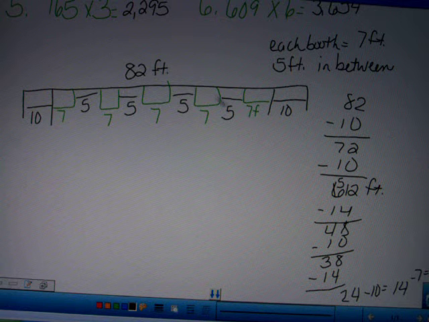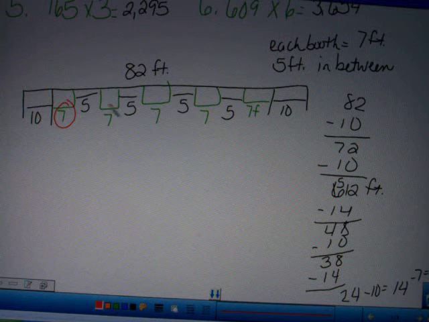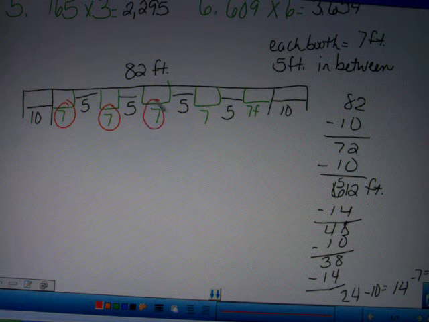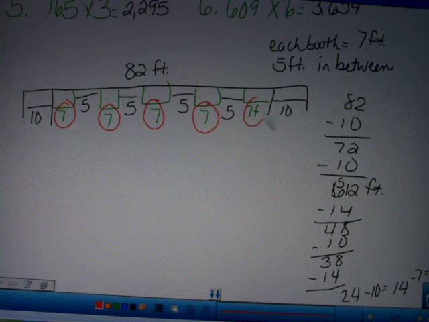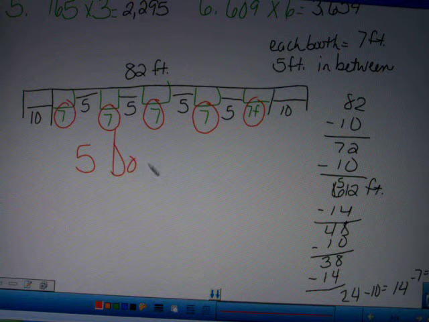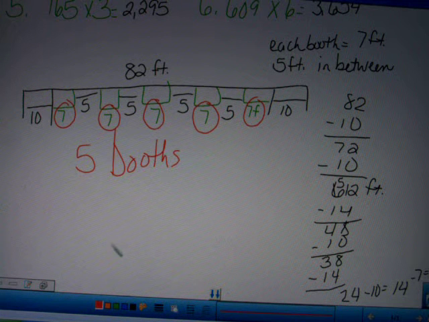I can't put any more space. I can't put another booth, because I don't have another 5 feet to do it with. So in this 82-foot parking lot, I can put 1, 2, 3, 4, 5 booths. That's the number of booths that can go in there.